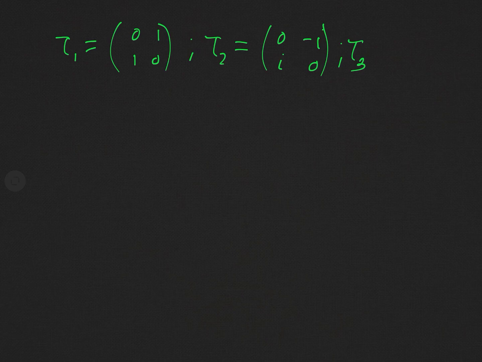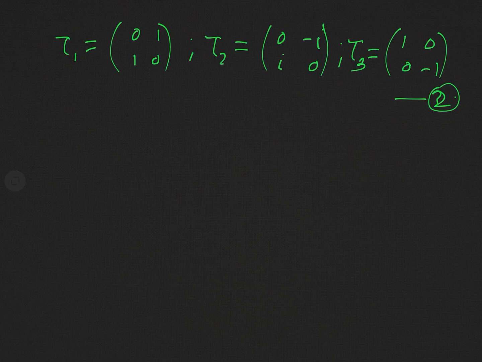And its third component, that is Z component tau 3, is 1 0, 0 minus 1. These are the 3 components of the isospin matrix tau.